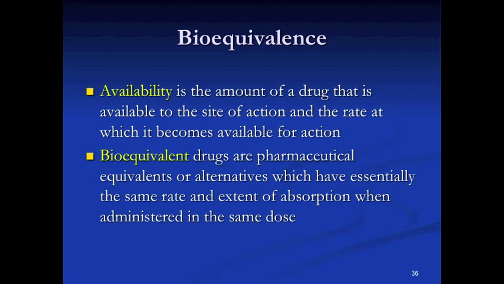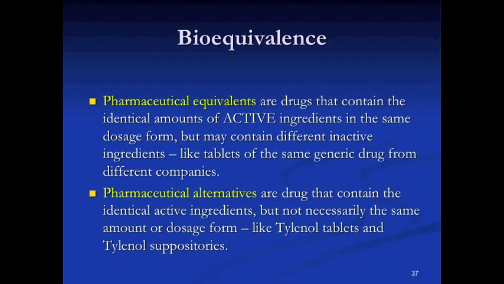Bioavailability is the amount of drug delivered to the site of action and the rate at which it becomes available. Bioequivalent drugs are pharmaceutical equivalents that have the same rate and extent of absorption when administered using the same dose under similar conditions. Here are some more definitions. Pharmaceutical equivalents are drug products that contain identical amounts of the same active ingredient in the same dosage form.